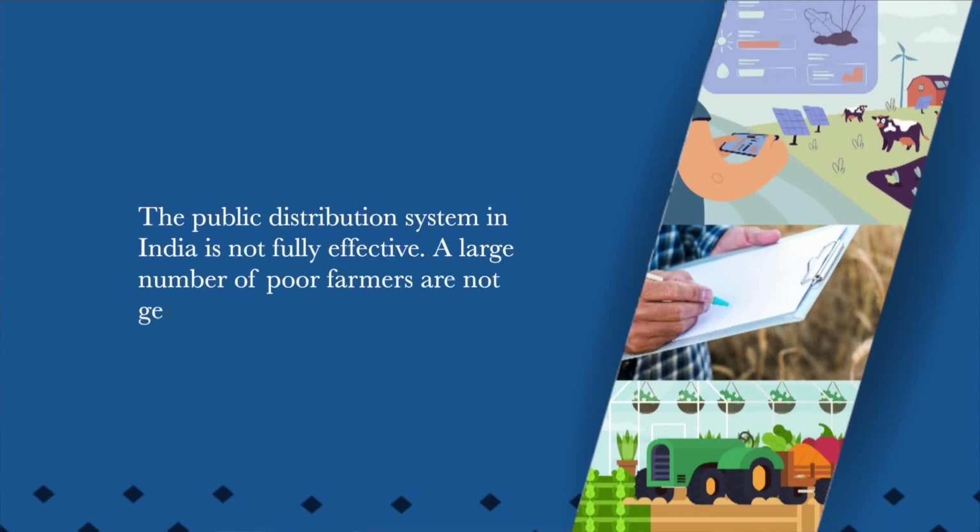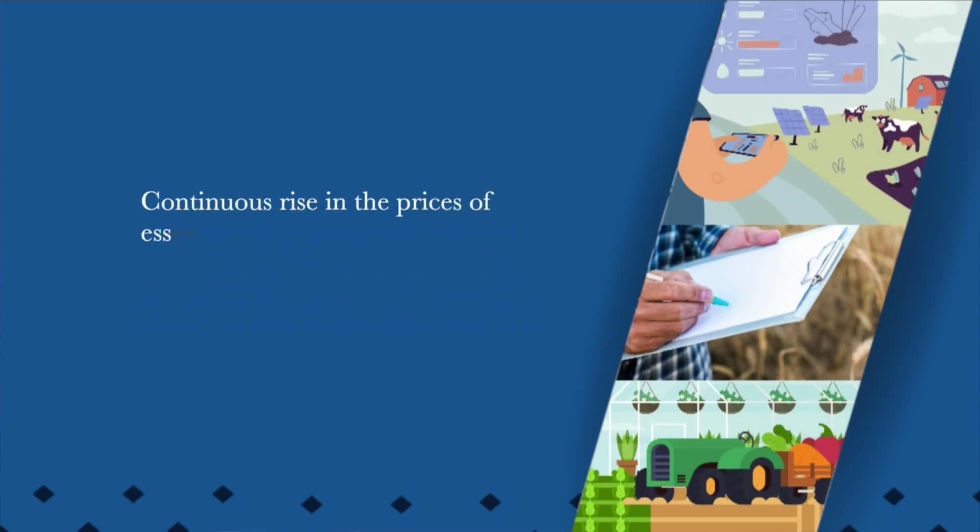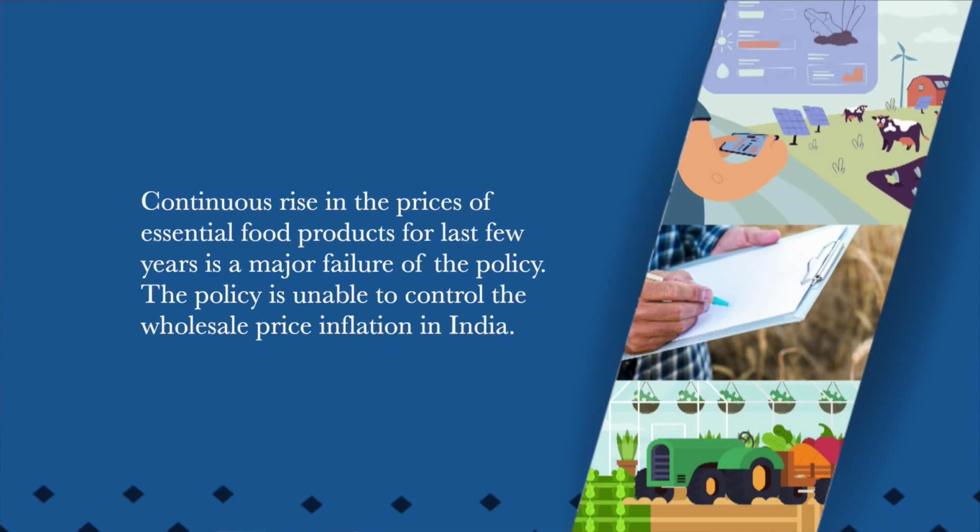The public distribution system in India is not fully effective. A large number of poor farmers are not getting benefits from this program. Continuous rise in prices of food product due to existence of middlemen for the last few years is a major failure of the policy. The policy is unable to control the wholesale price inflation in India.